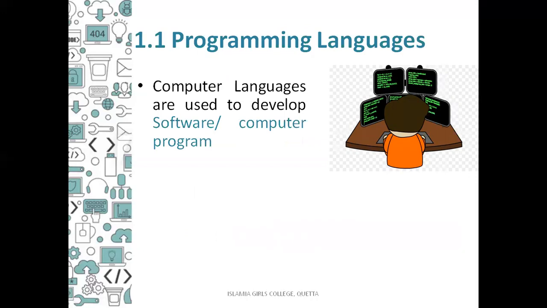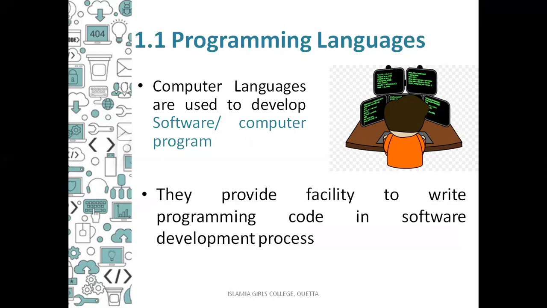You have to use the computer language, and these computer languages are used to develop the software or the computer programs. And these computer languages or the programming languages provide the facility to write the programming code in the software development process. Okay.